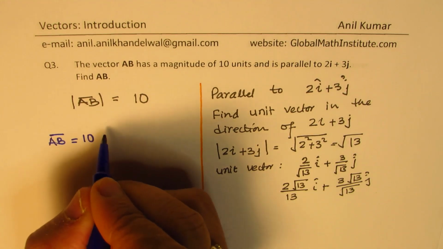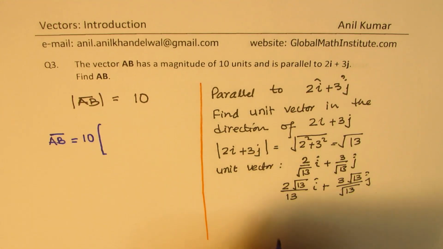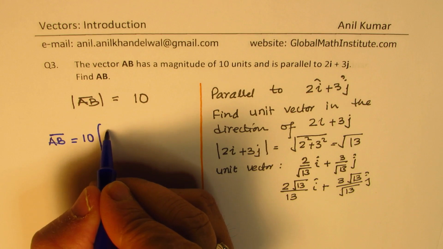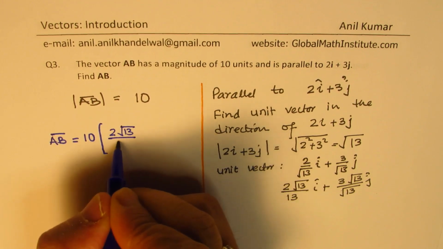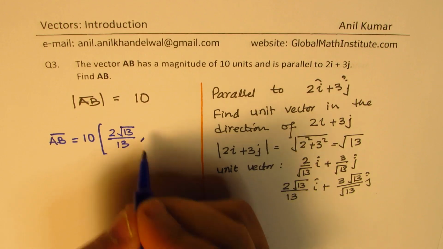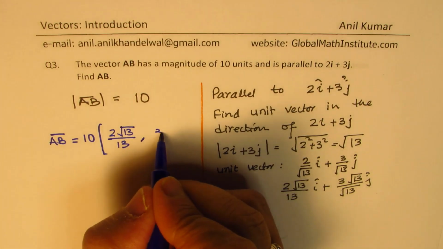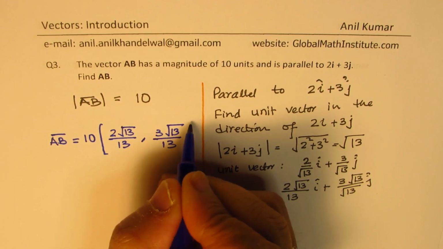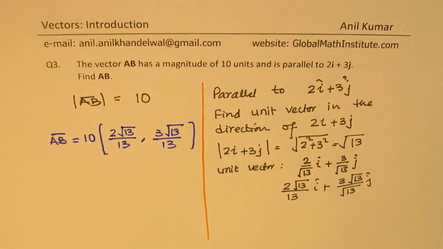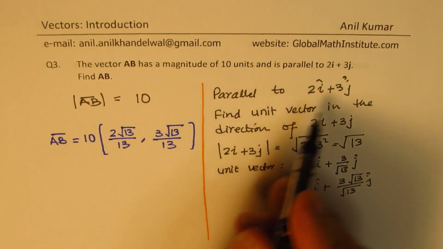So 10 times our vector, which you could also write as 2 square root 13 over 13, comma, 3 square root 13 over 13. Does that make sense? That is another way of representing vectors in the form of a column. Now let me write it in terms of i and j.